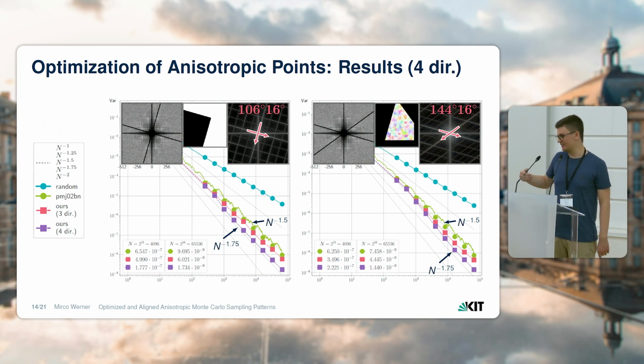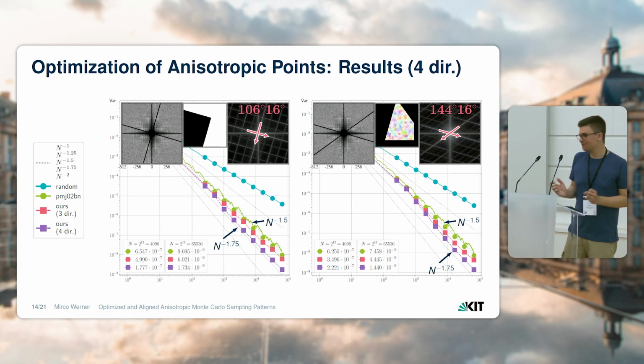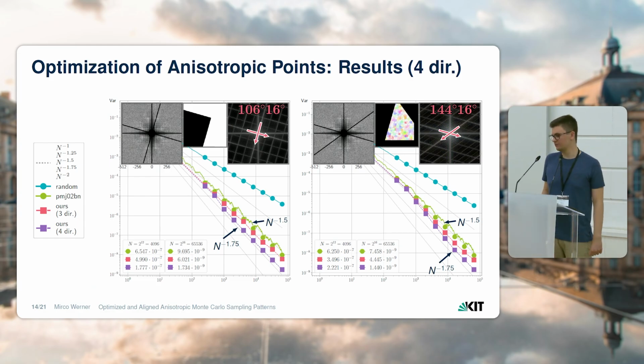But as most of the integrands that we want to integrate do not have high energies at that point, it doesn't matter that much, I would say. But yeah, you can try to optimize for fewer frequencies, and then I think you can reduce these artifacts. Okay, thank you.